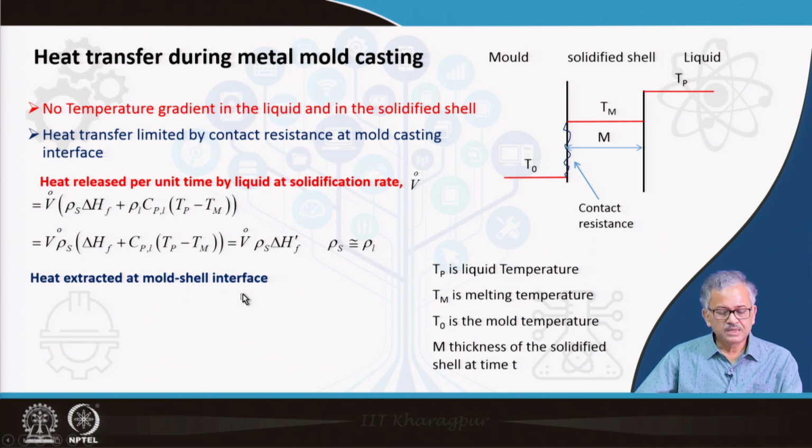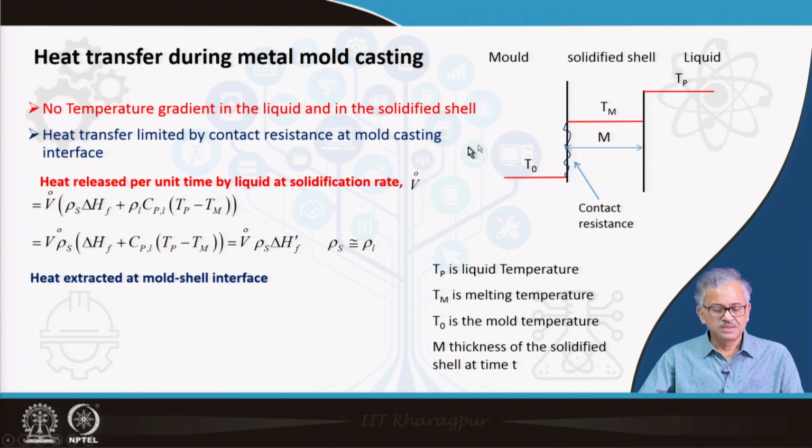And the heat extracted at the mold-shell interface, that is the amount of heat extracted at the mold-shell interface, here we can invoke the concept of heat transfer coefficient. The heat flux at any heterogeneous interface through a thermal boundary layer is given by h into delta T, where h is the heat transfer coefficient and delta T is the temperature difference across the thermal boundary layer.